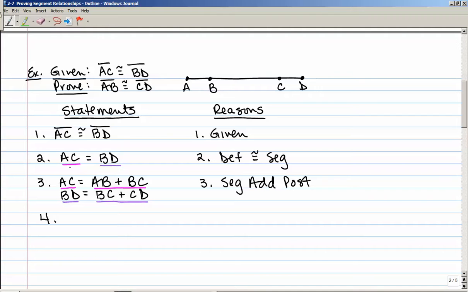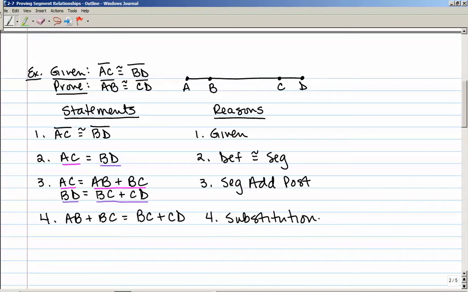Another way to look at it, if pink is equal to purple, then pink is equal to purple. So I can say AB plus BC equals BC plus CD. I took what was in step number 2, and instead of AC, I substituted AB plus BC. Instead of saying BD, I substituted BC plus CD. And that was the substitution property.